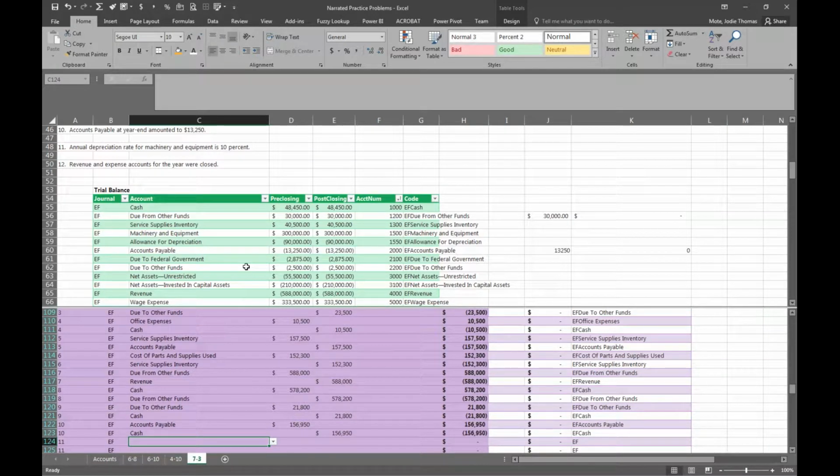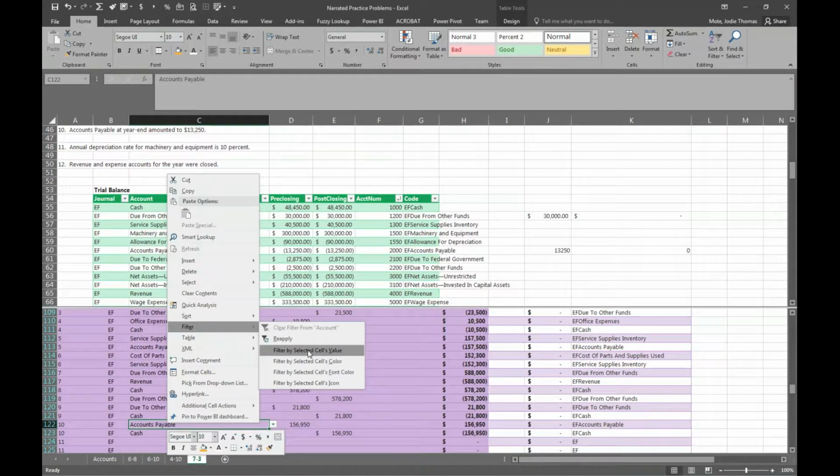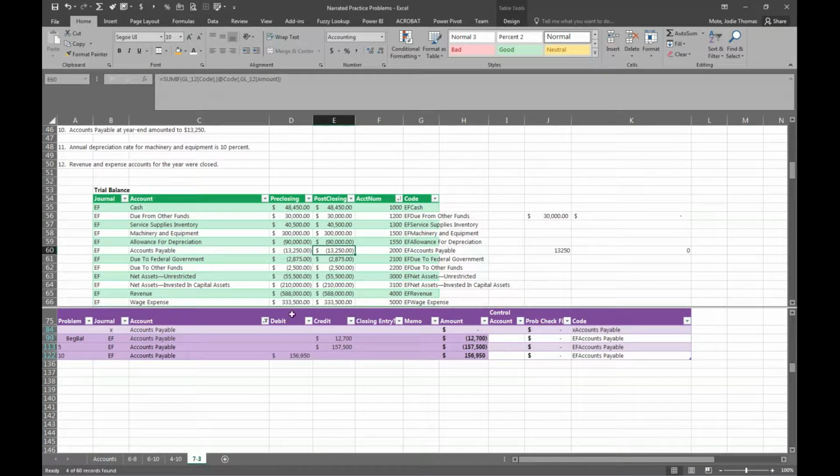Basically, beginning balance. Other than the trial balance, this is kind of a shortcut to your T account look, and we've got two credits, a balance of $170,200, and then we need to get it to $13,250, and that requires this entry of $156,950. You can check your work up here with the trial balance and see that it is right.